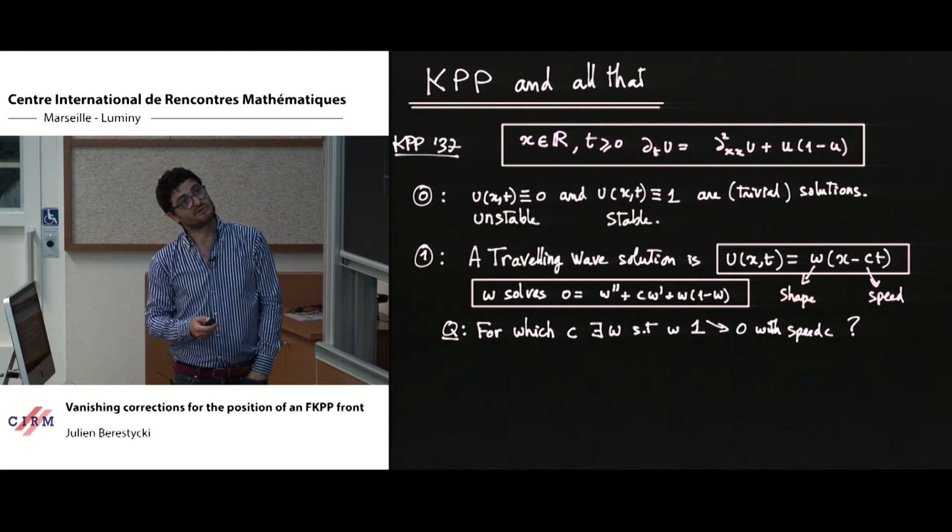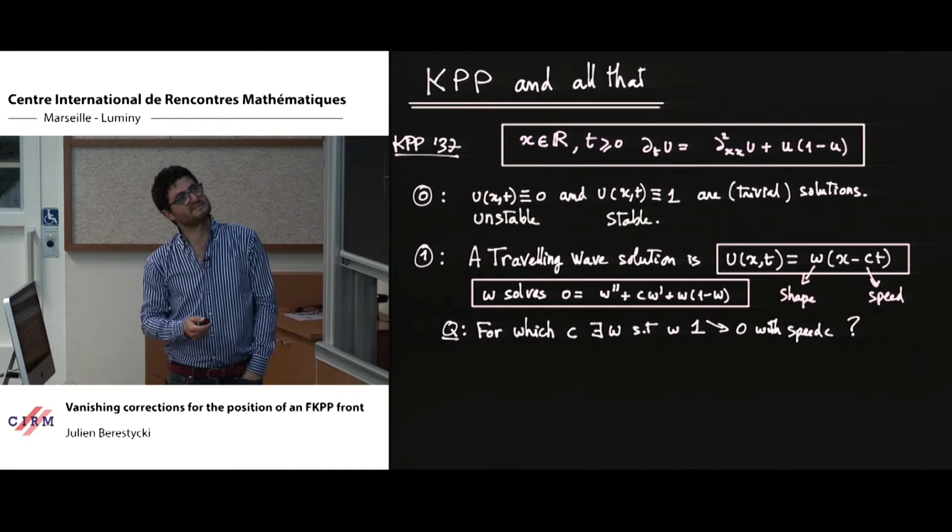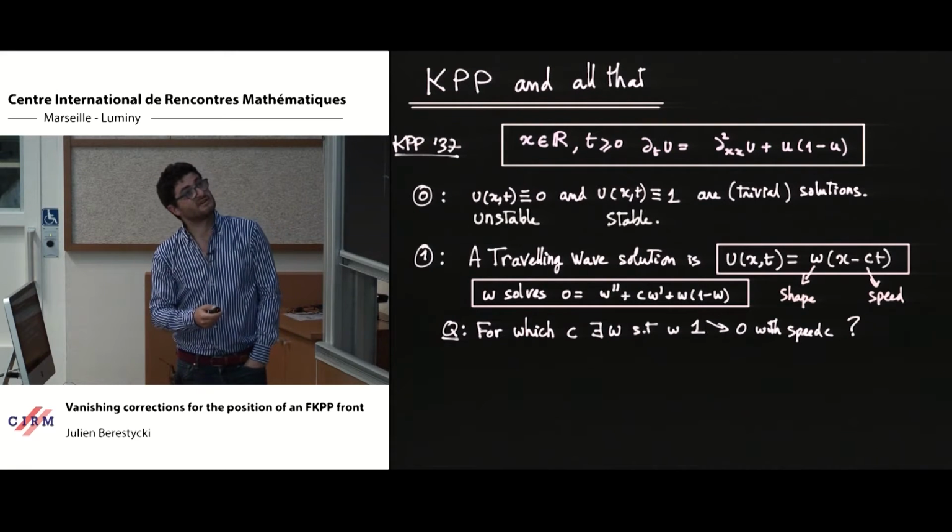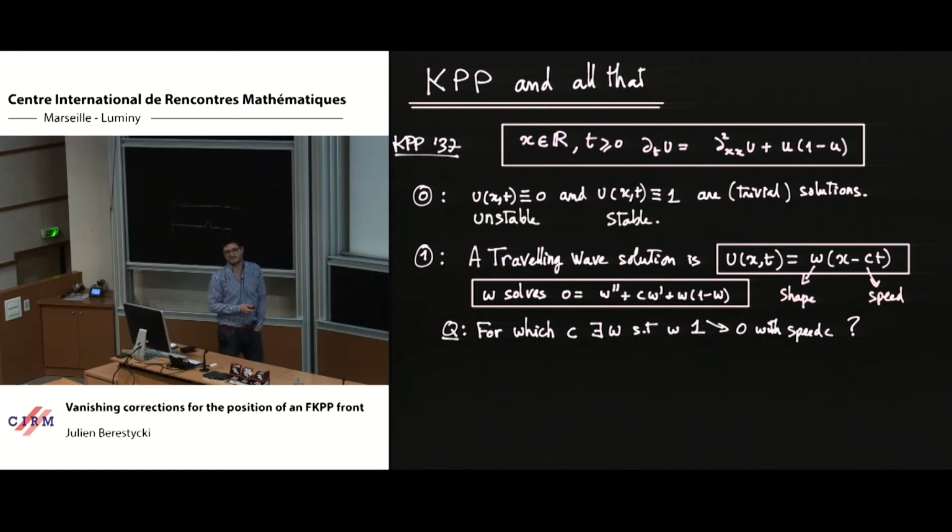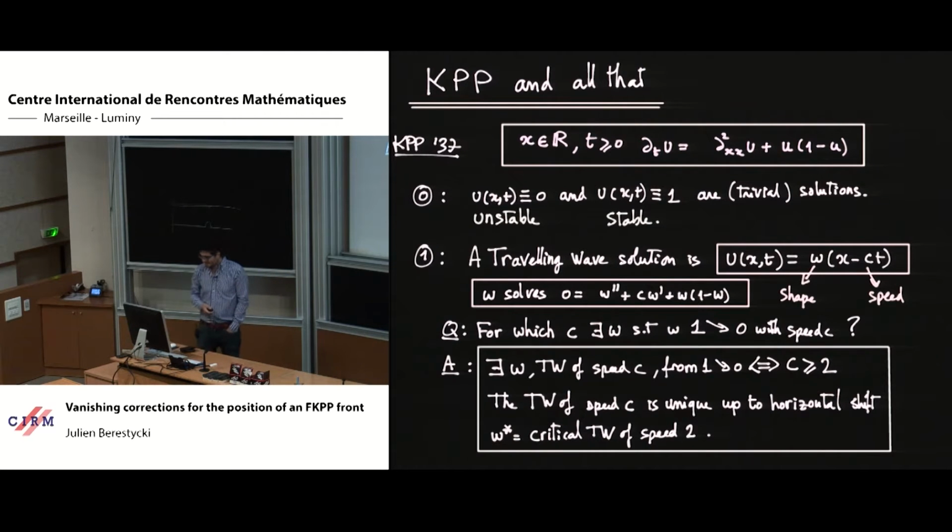And if you want a solution of this type with velocity c, you can just plug this back in your original PDE, and what you get is an ordinary differential equation for w, which is this guy. And so the question is, okay, if I give you a speed c, is it clear that you have a solution to this ODE? Okay, if you have such a solution, then this is going to be indeed a traveling wave solution. And the answer is in the 1937 paper by Kolmogorov et al.